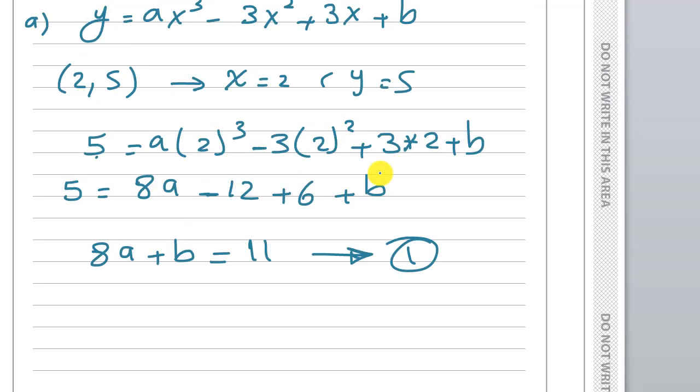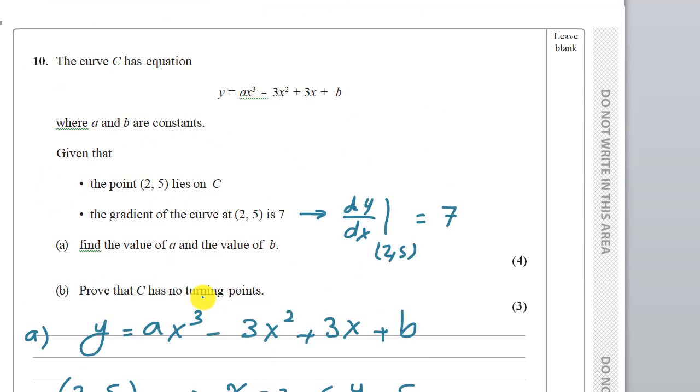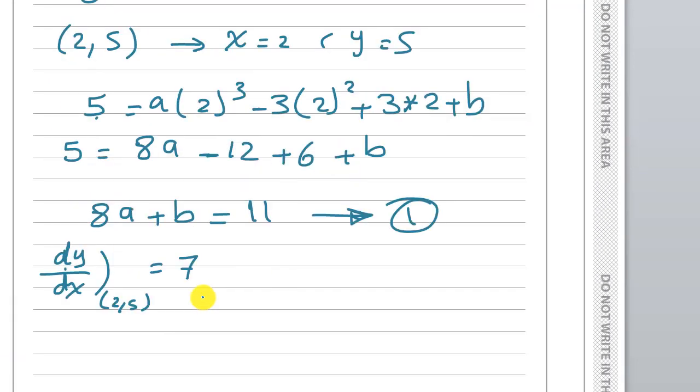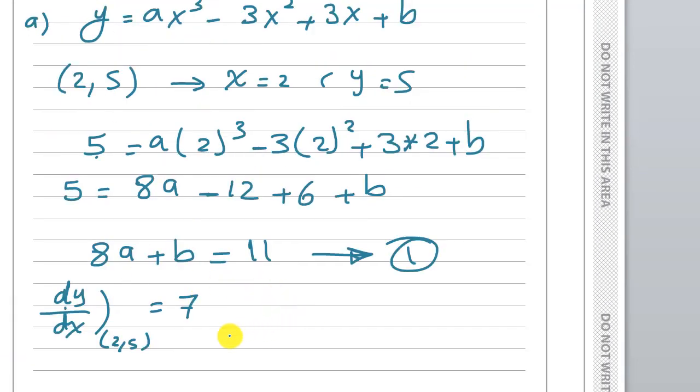Second equation, dy by dx is equal to 7. dy by dx at 2 and 5 is equal to 7, as given here in the question. So let us find dy by dx.